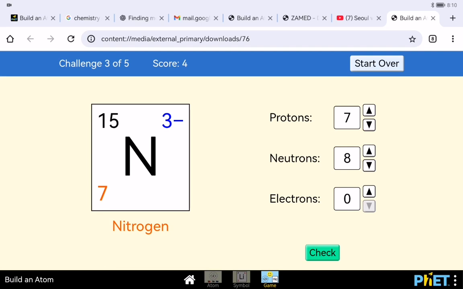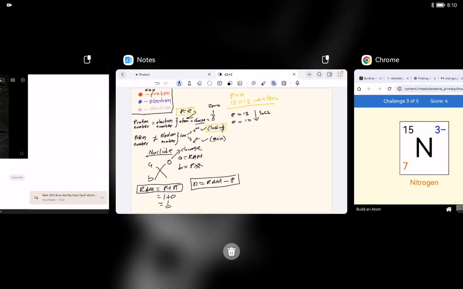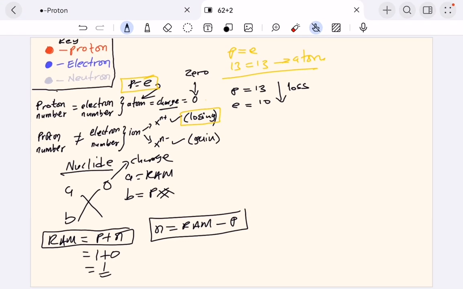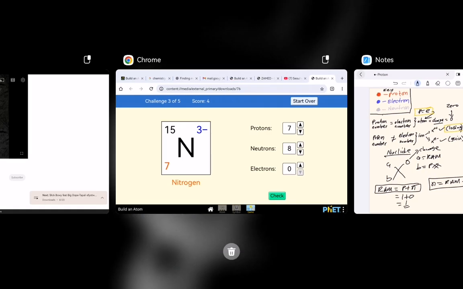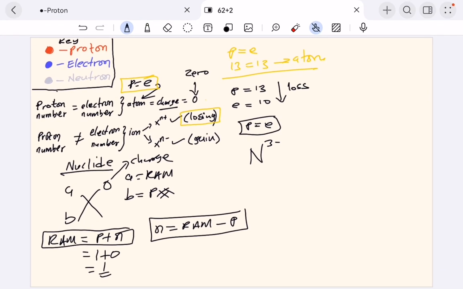Then how do you find the number of electrons? If this was an atom, the proton number was supposed to be equal to the electron number. So the P was supposed to be equal to the E if this was an atom. But you have noticed that there is a -3. So by negative, it means it gained.